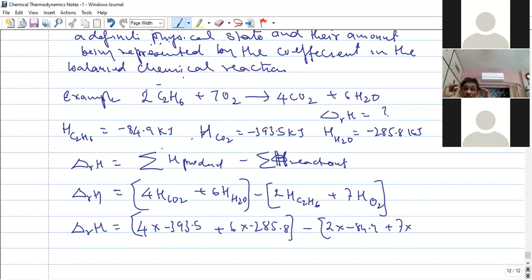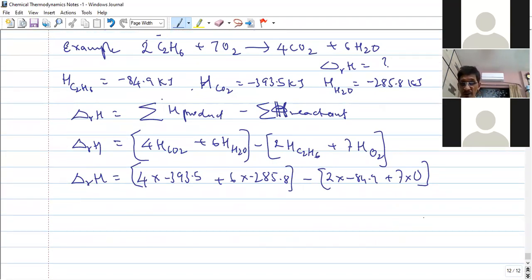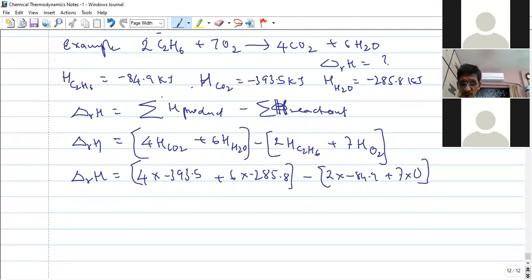Enthalpy of oxygen is 0. दिया नहीं लेकिन आपने 0 क्यों लिखा? हमने क्यों लिखा? Because oxygen is an element. Enthalpy of any element in its standard state is 0. Oxygen का standard state गैस है, O2 है, तो उसका enthalpy 0. अब इनको सबको मल्टीप्लाई करो जी.